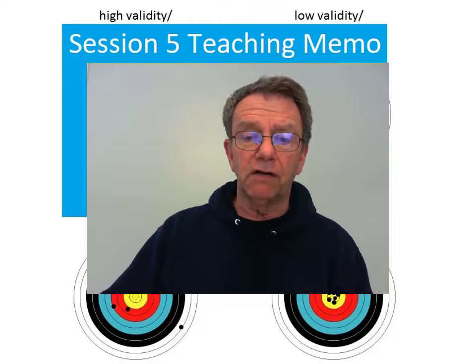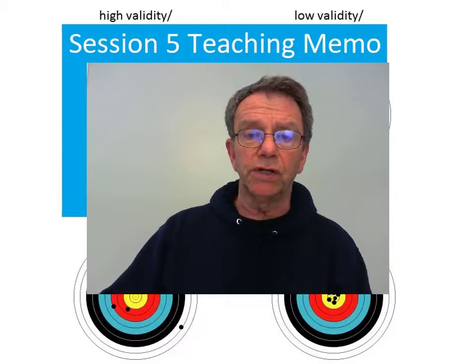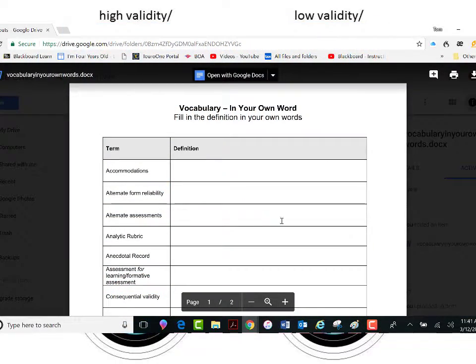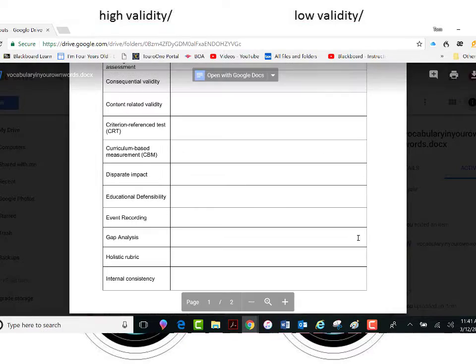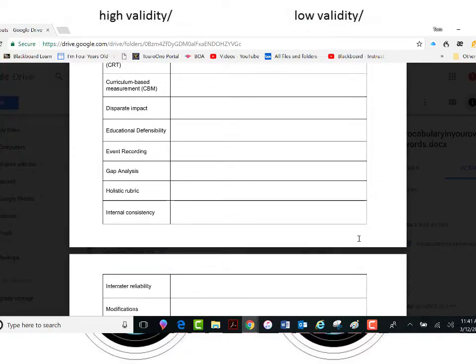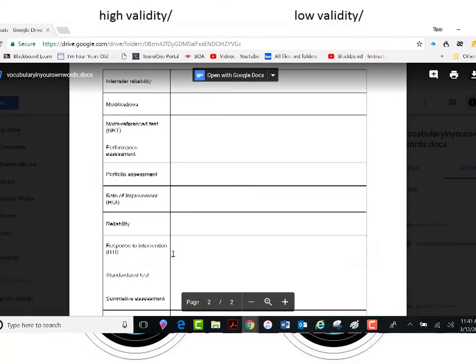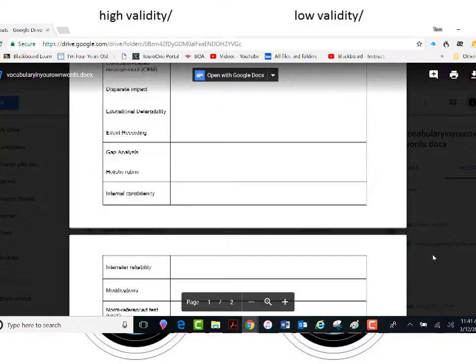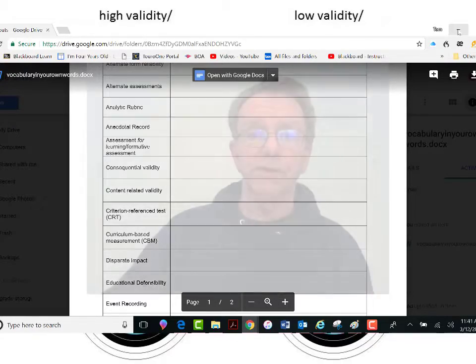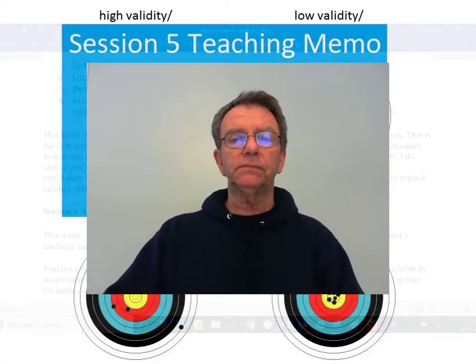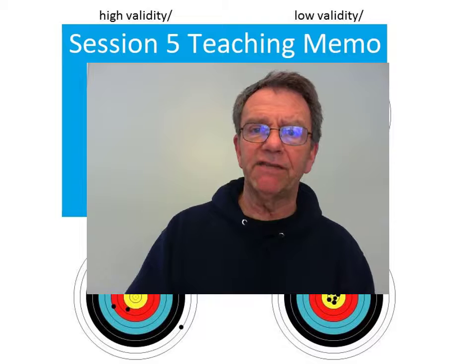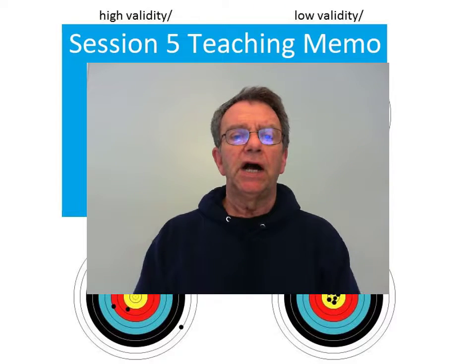Those are all vocabulary in your own words. You should be filling this out as we go through the course. There's like 5 words in this session's material, so make sure you get into that vocabulary in your own words.